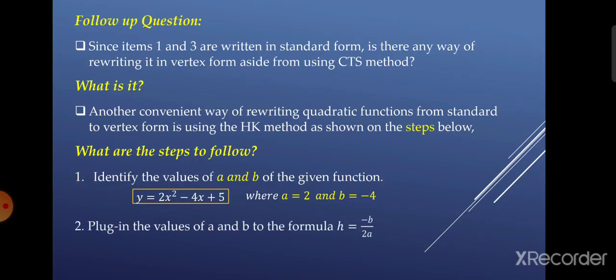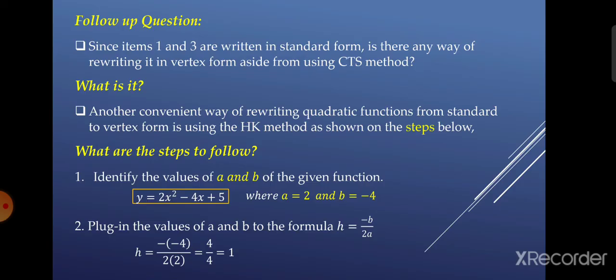Second step, plug in the values of a and b to the formula: h equals negative of the value of b over twice a. What is the value of b? Negative 4. And a is 2.